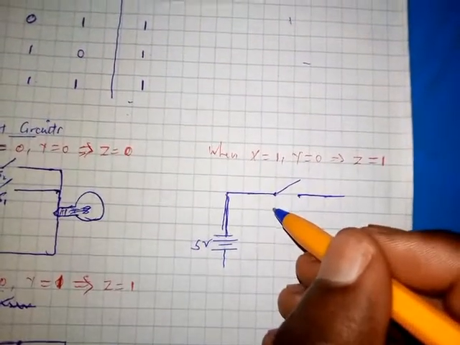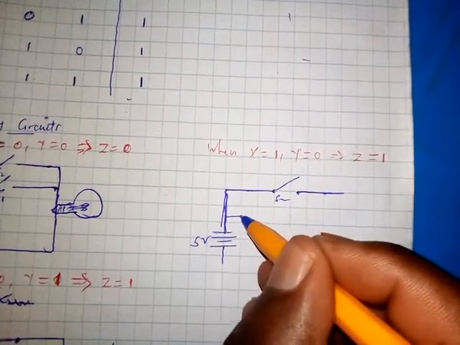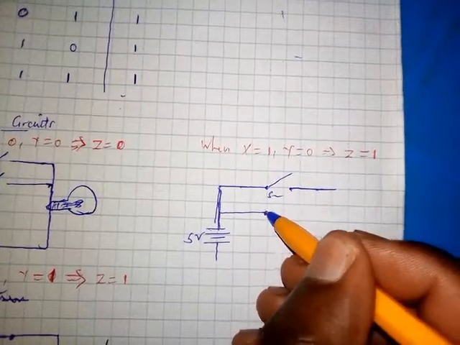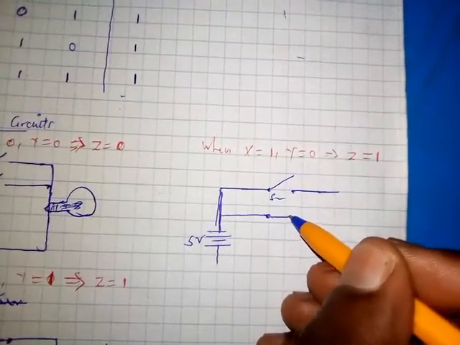This is switch 2. This switch 1 is the one that is closed.